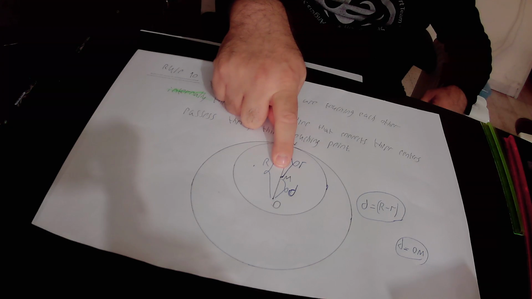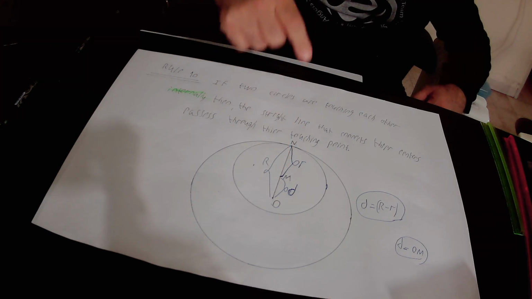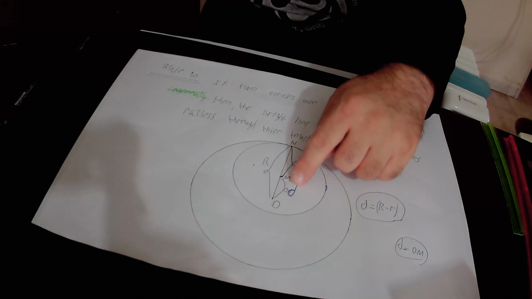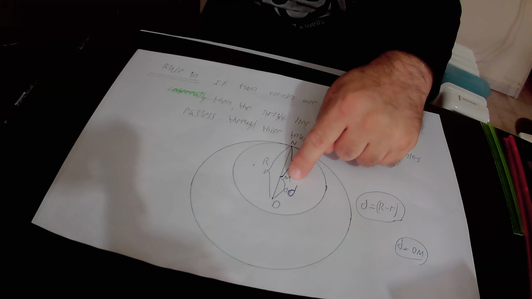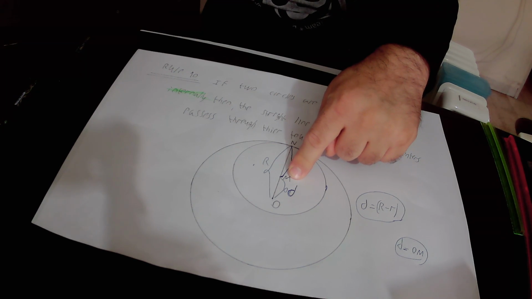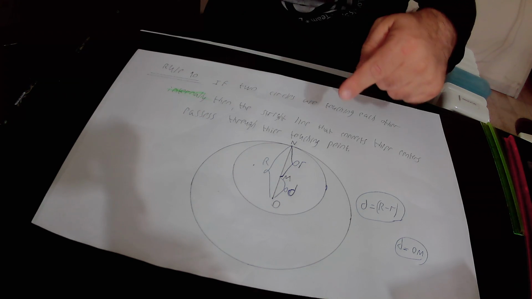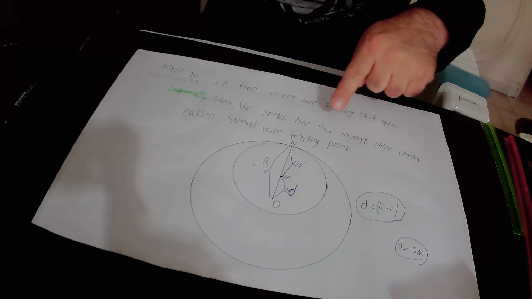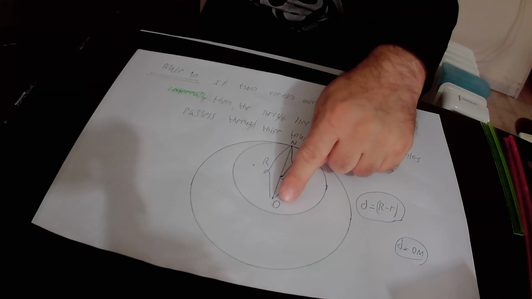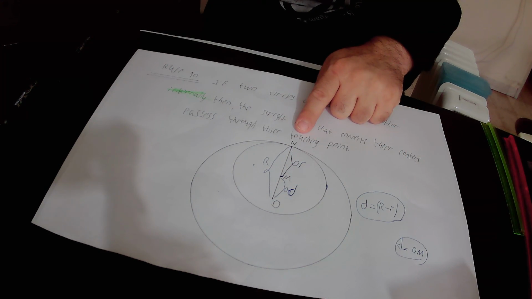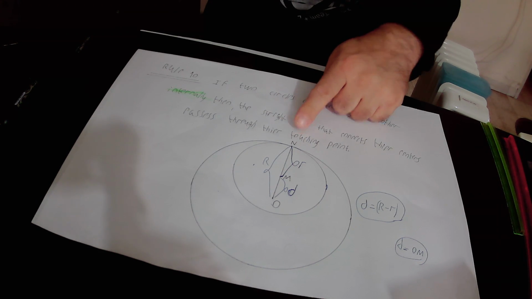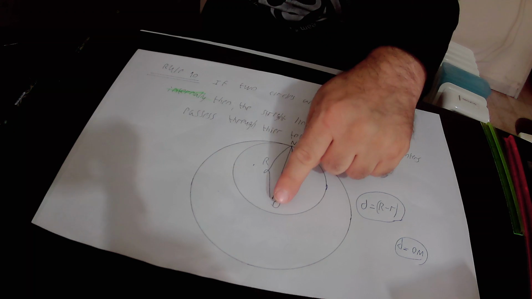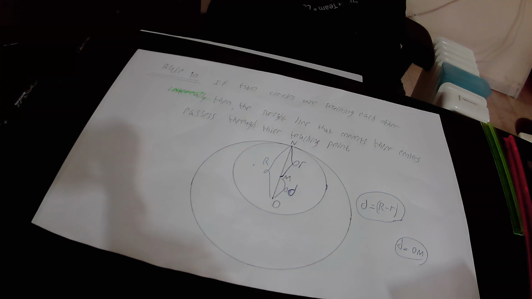Point M is the center of the small circle. And OM is the straight line that connects their centers together. According to rule number 10, this straight line OM passes through their touching point. OM passes through point N. That is to say, line segment OMN is one straight line.